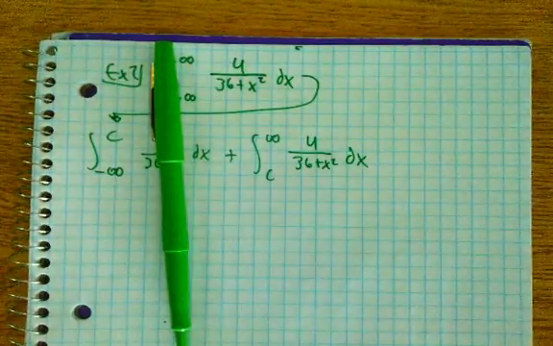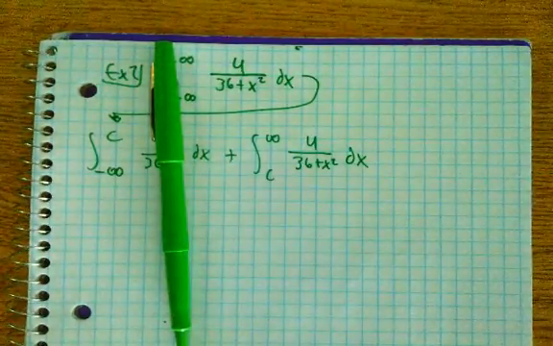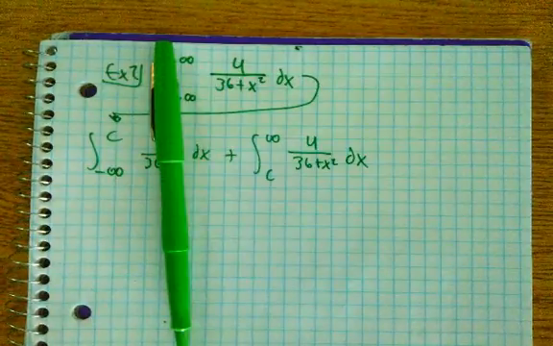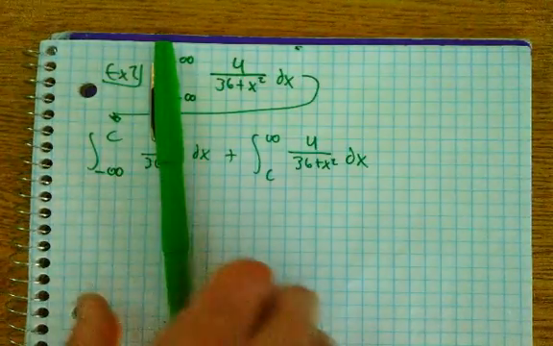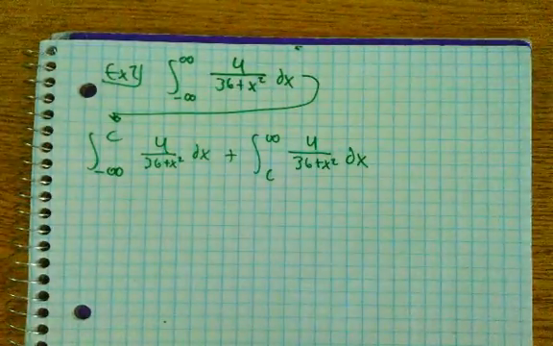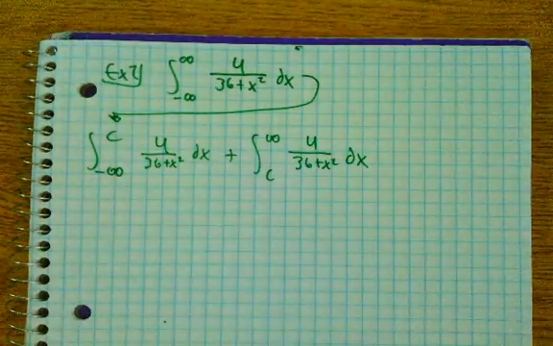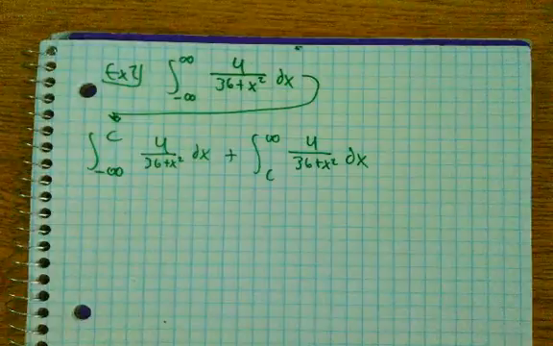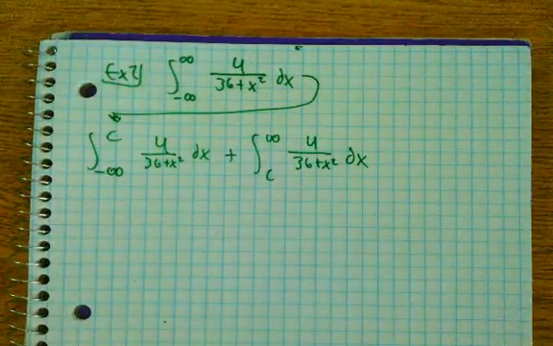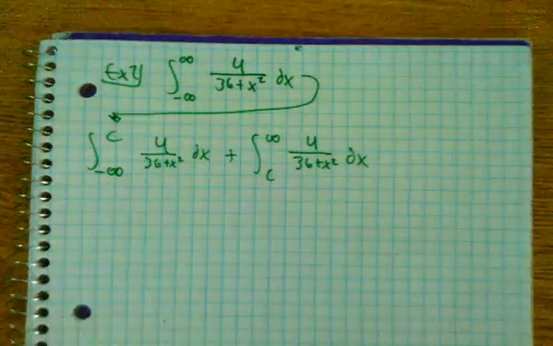So what do you guys think is a good value to choose for C? What's right in between negative pi over 2 and pi over 2?